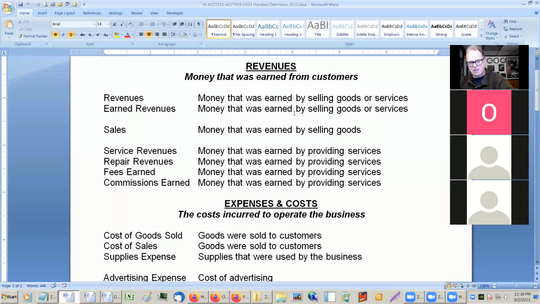Okay, so from our handout last class, we have revenues. Question: if it means the same thing, why don't they just call it one thing? That's confusing. Well, you've got to remember there are companies that have been using the same account for 100 years, and another company that's been using a different account for 100 years.